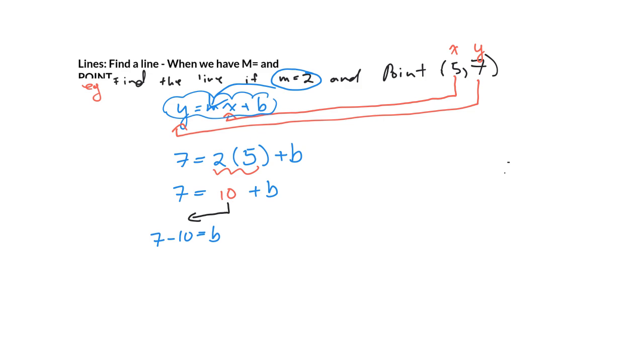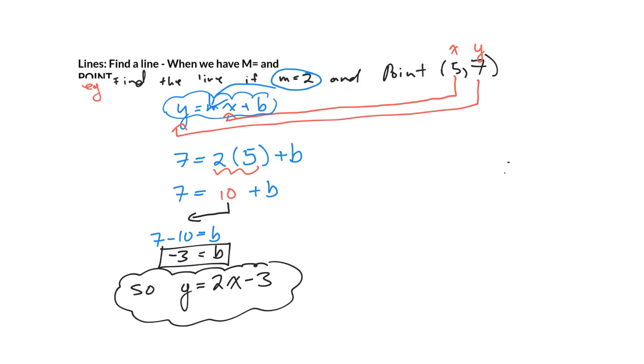So your final answer is b is equal to 7 minus 10, which is negative 3. Remember the equation was y is equal to mx plus b, but we know that m was 2, so we write 2x, and then our b value is minus 3. We substitute that in, and that is our final equation, and we're done.